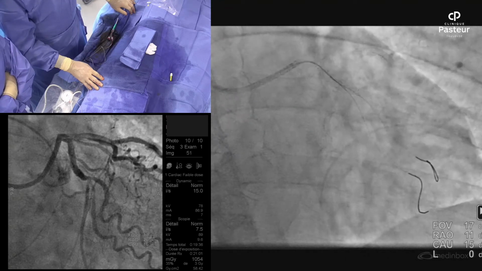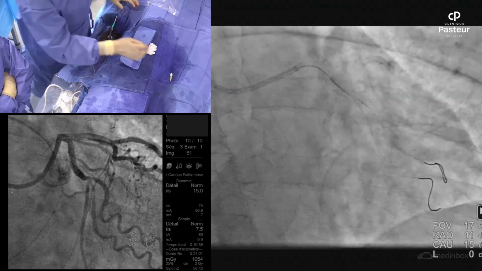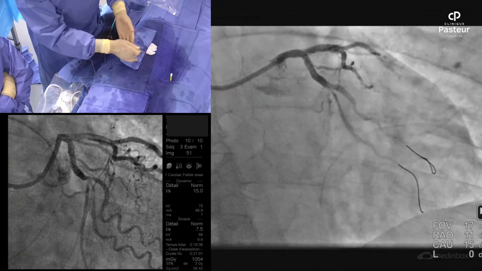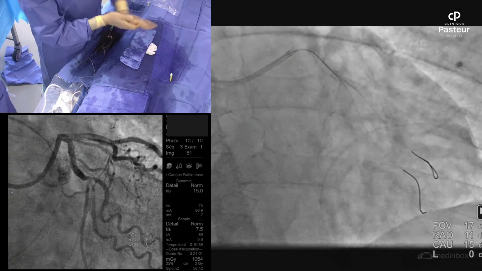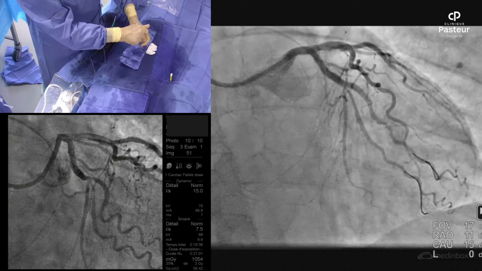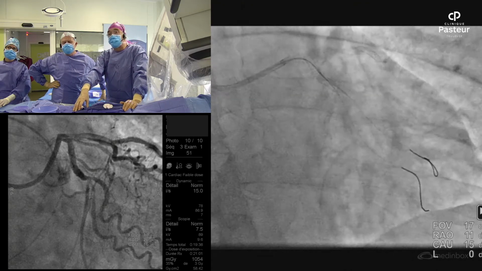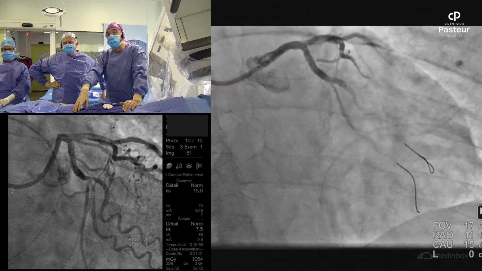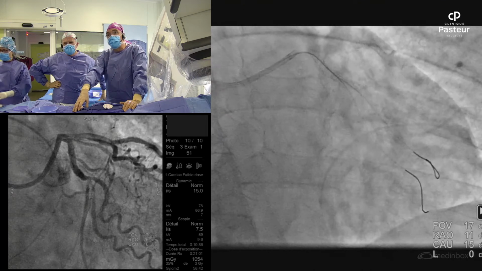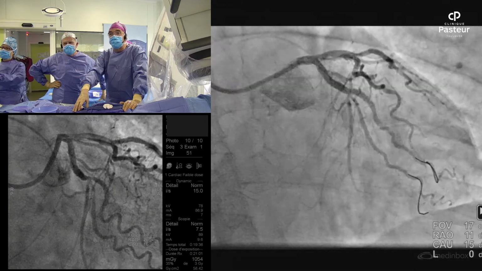So there are two possibilities: to perform a kissing balloon, or, because of the length of the lesion in the side branch, to move directly to the second stent implantation in the OM2. What do you think? Probably I will move directly. 2.25 by 18.